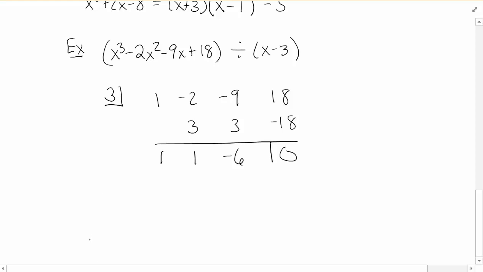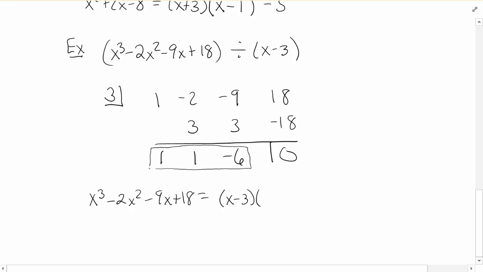So here's what that all means. So x cubed minus 2x squared minus 9x plus 18 is equal to, our divisor was x minus 3, and then these are the coefficients on what is now the quadratic, because I had a third degree polynomial divided by a first degree polynomial, so that's a second degree polynomial.